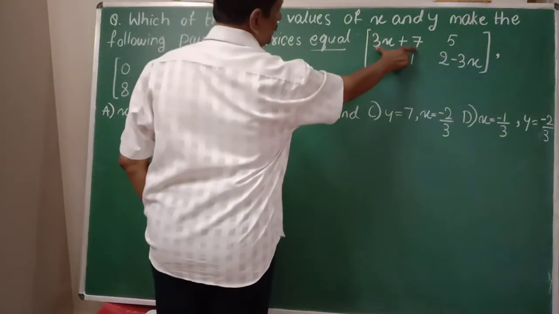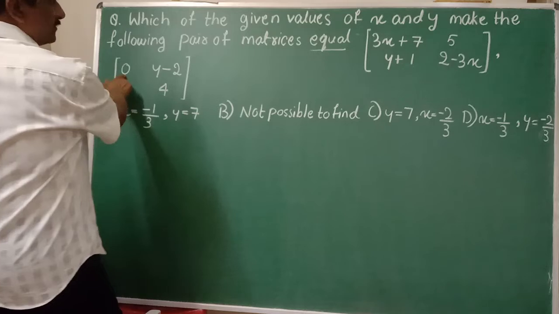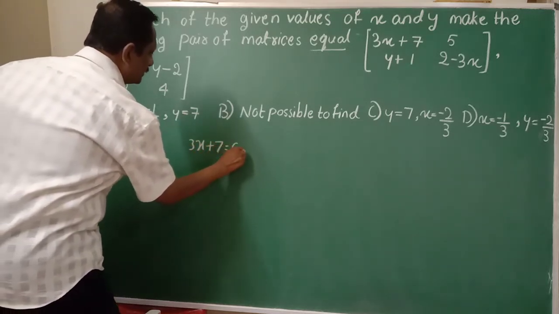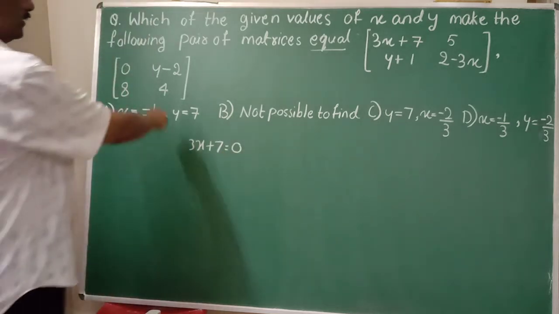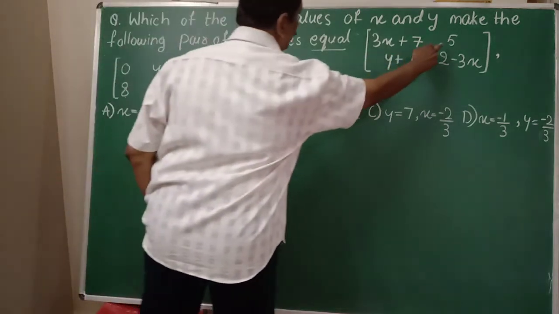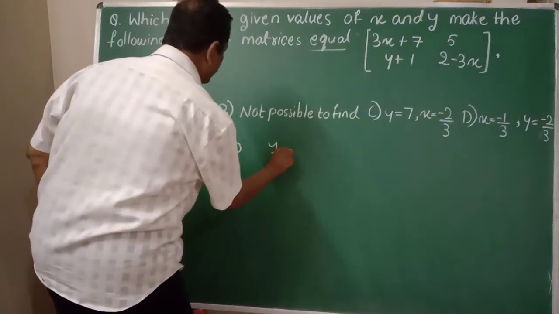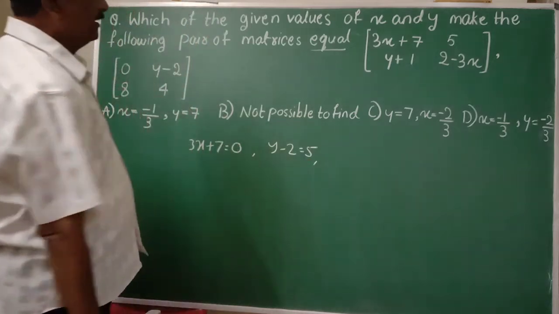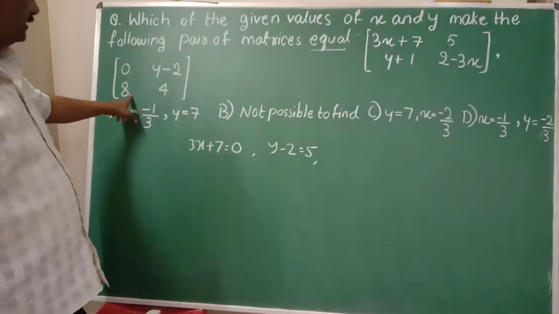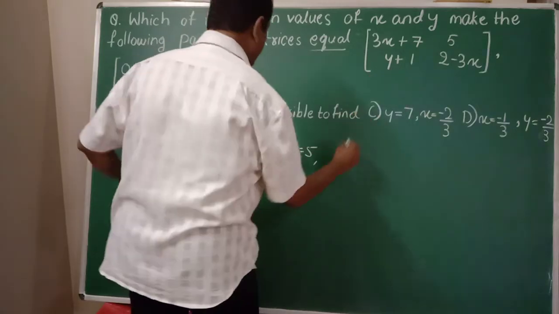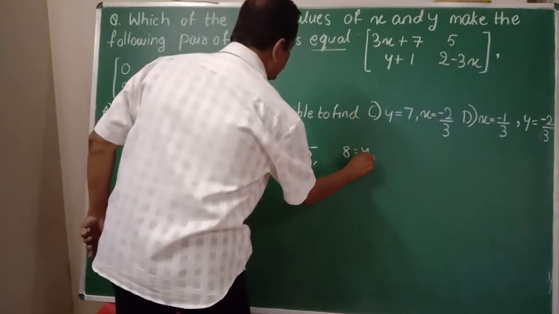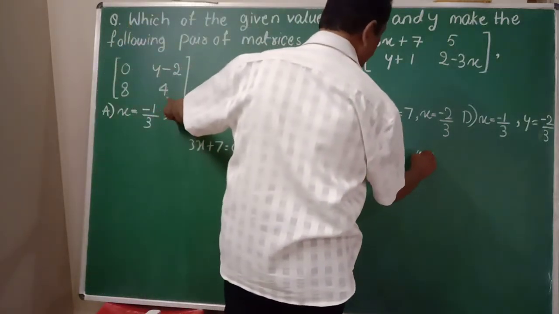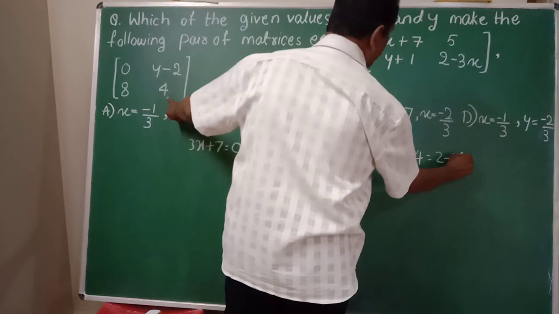Therefore 3x plus 7 must be equal to 0. Then y minus 2 must be equal to 5. And here 8 is equal to y plus 1, and 4 is equal to 2 minus 3x.